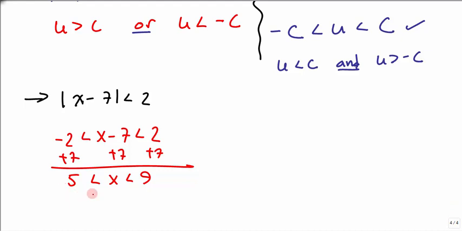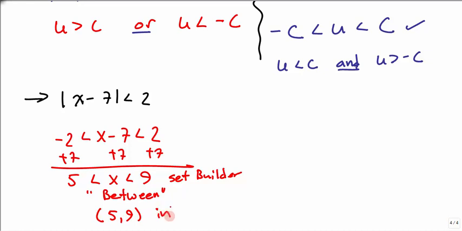Now if we had to write this out, a lot of times we'll put this in interval notation. Remember, this is solution builder notation, I believe they call it, or set builder notation. So this is set builder, and then we'll have interval notation. This notation means between. When I have the two less than signs and my numbers run small to large, this means between. So this runs between 5 and 9.